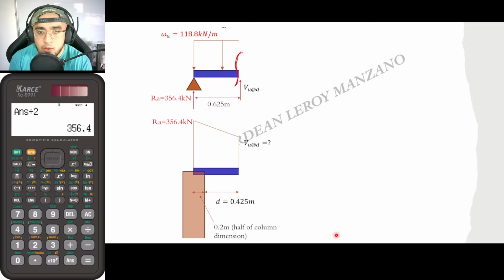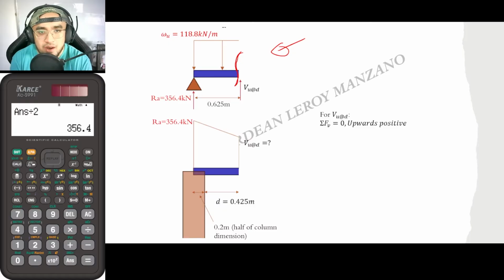So in order for us to know what the shear here is, I would now be getting the summation of forces vertical, and that is equal to 0. What are the forces present in our figure here?